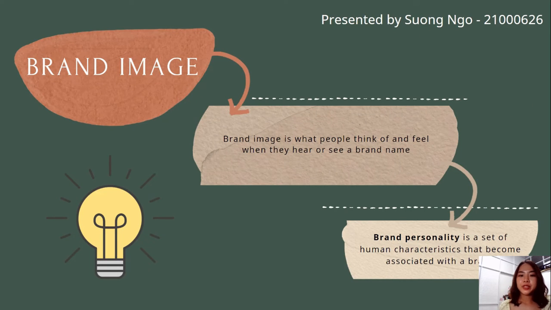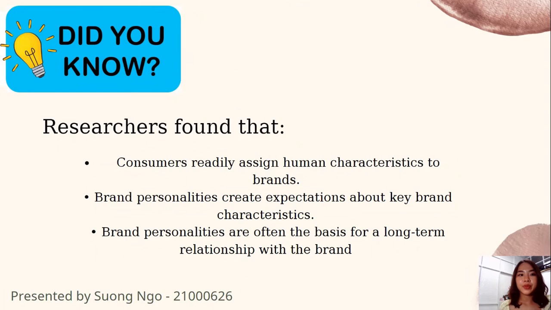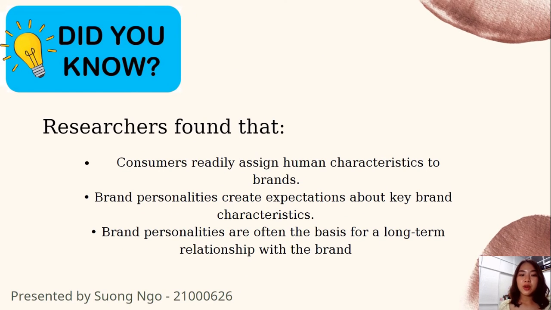Brand image is what people think of and feel when they hear or see a brand name. And brand personality is a part of brand image. It is a set of human characteristics that become associated with a brand. Consumers readily assign human characteristics to brands, and brand personality creates expectations about key brand characteristics and is often the basis for a long-term relationship with the brand.